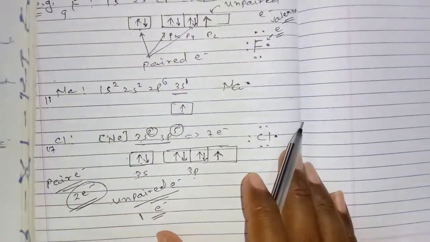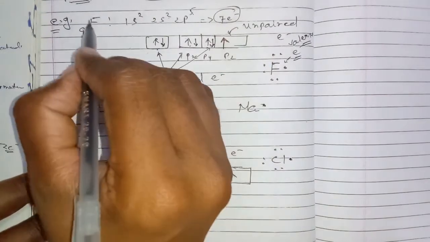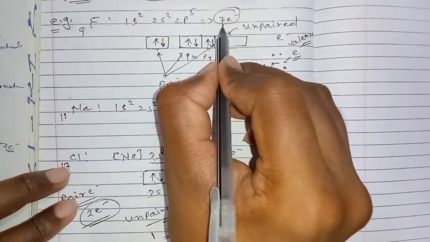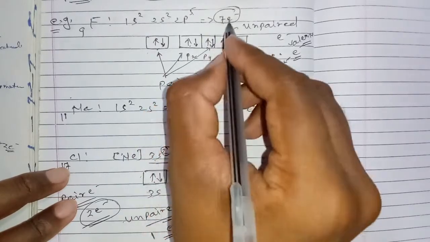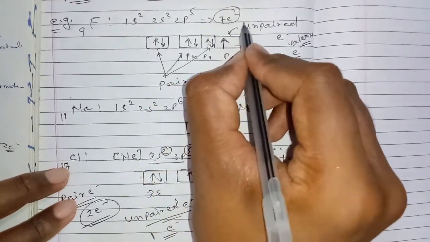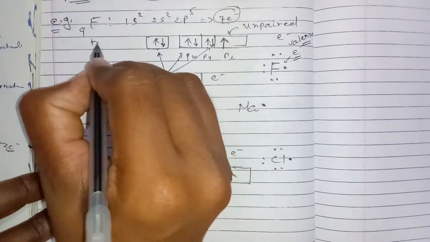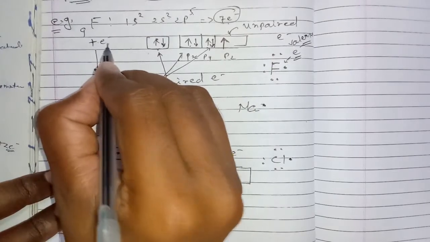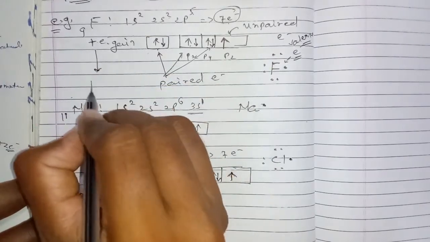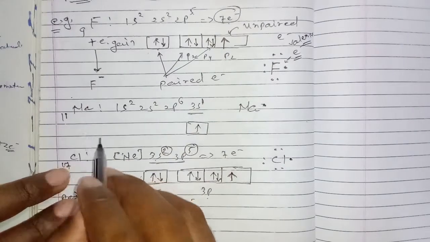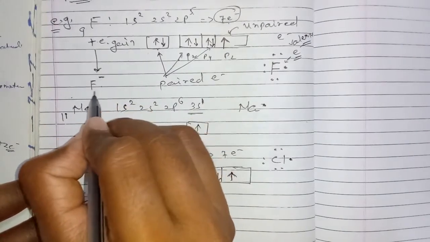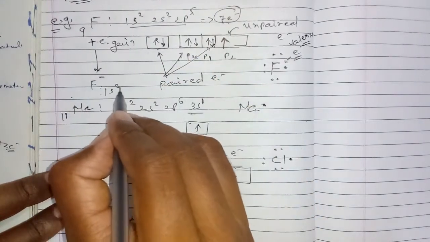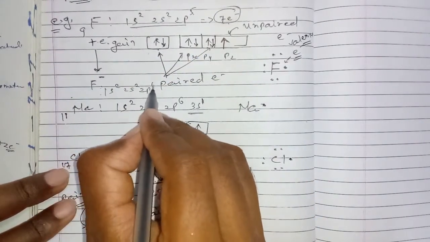For example, suppose fluorine has 7 electrons in the outermost shell. To complete its octet, it gains 1 electron, and whenever it gains an electron, it is converted to a negative ion, named the fluoride ion. Now its electronic configuration will be 1s2, 2s2 and 2p6.